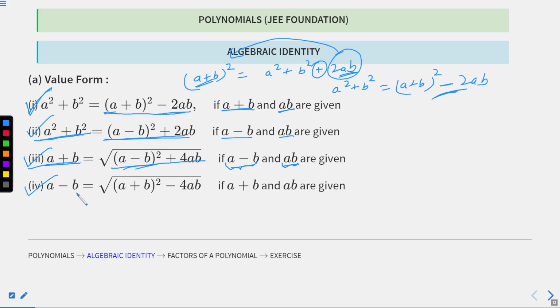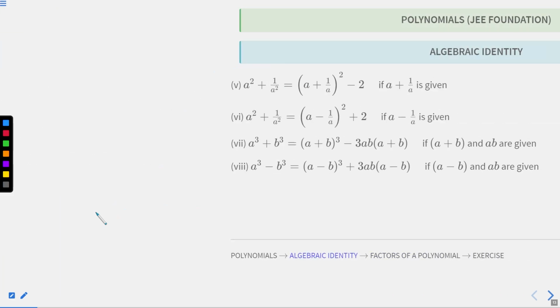Similarly, a − b we can find if the sum and the product are given, by using this property. Just open this and write it in simplified form, and you will automatically get a − b. Don't get into the proof, just memorize them, and we will see how we are going to use them. Okay, let's move.